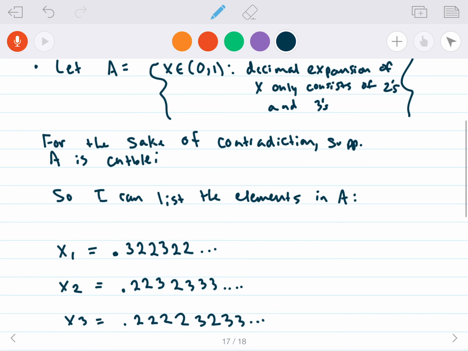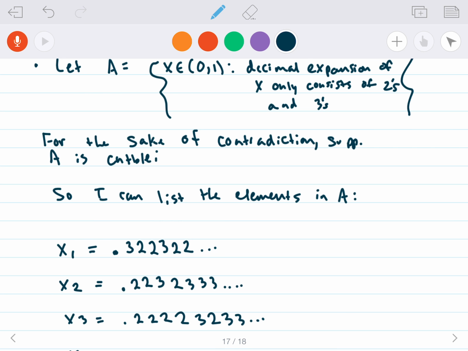So here's the crazy trick. I'm supposing that A is countable, and I know that all of my elements in A are going to look something like this. Maybe not exactly this, but I know that the decimal expansions are only going to contain 2s and 3s.